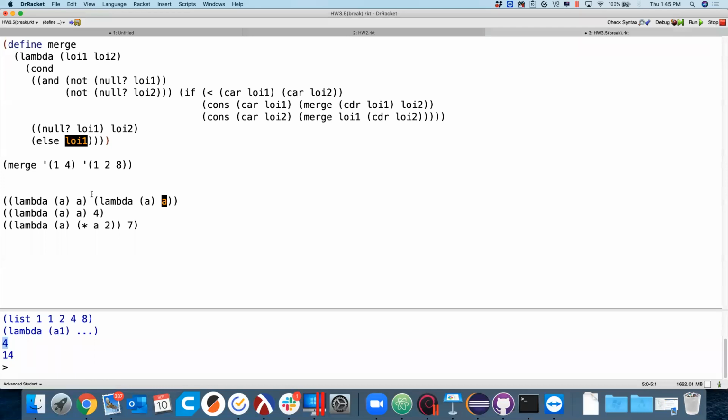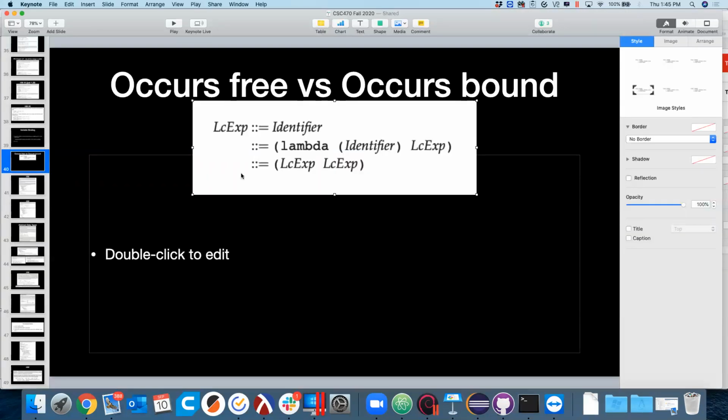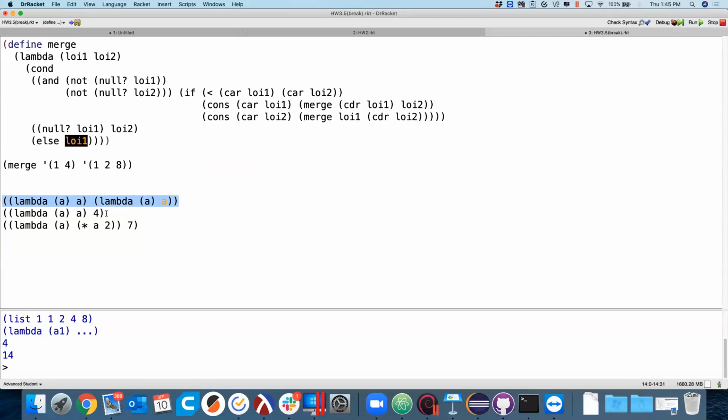If I come back out here, this whole thing is an example of our third production, a list containing 2 lambda calculus expressions. This guy here is also an example of our third production. This one's the easier one to understand.